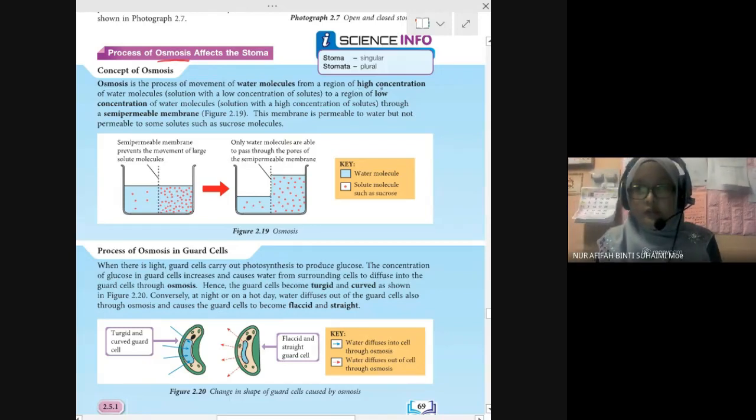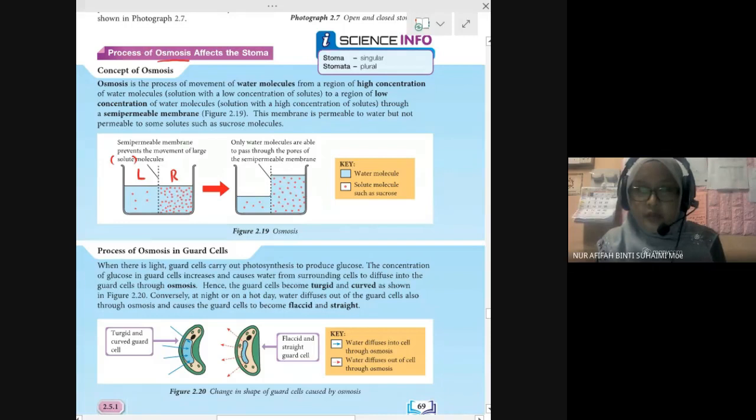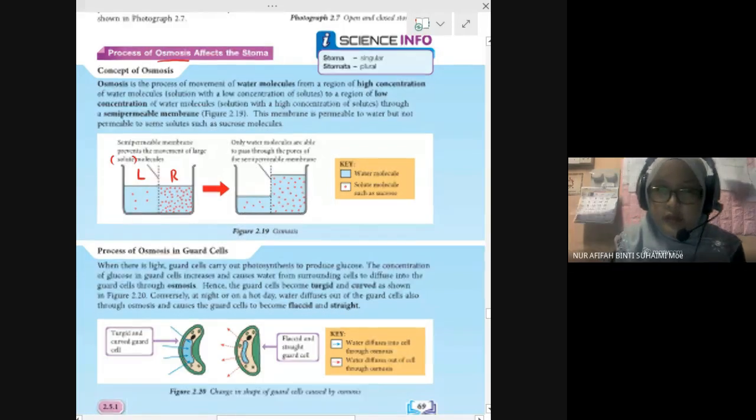We see here the right region has a high concentration of substance, called solute. The left region has less concentration. In between left and right there is a semi-permeable membrane.